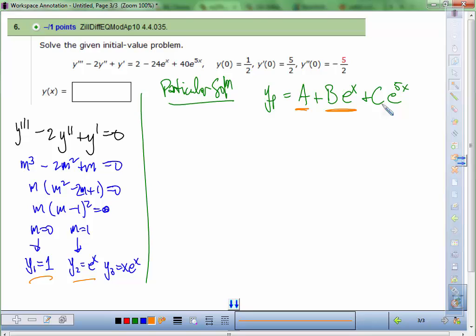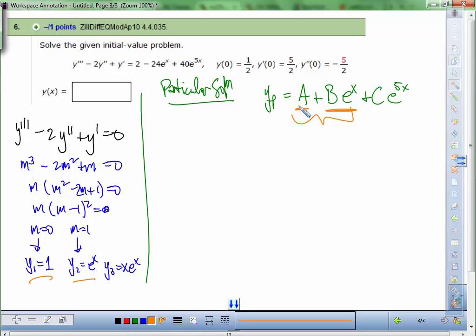Let's try it this way, and if it's not correct, then it'll be a waste of time. The fact that these two are really just part of your solutions to the homogeneous equation means that we don't need to deal with that. We don't need to mess with that.